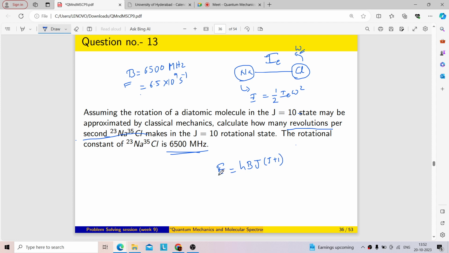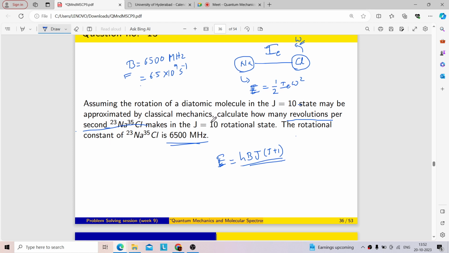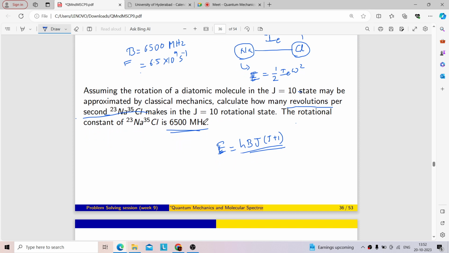So from the quantum mechanical formula we know the energy of the J state as hB times J into J plus 1, and from classical mechanics we know the energy formula to be half I omega square. So what we can do now is equate these two equations. We will get half I omega square equal to hB J times J plus 1.